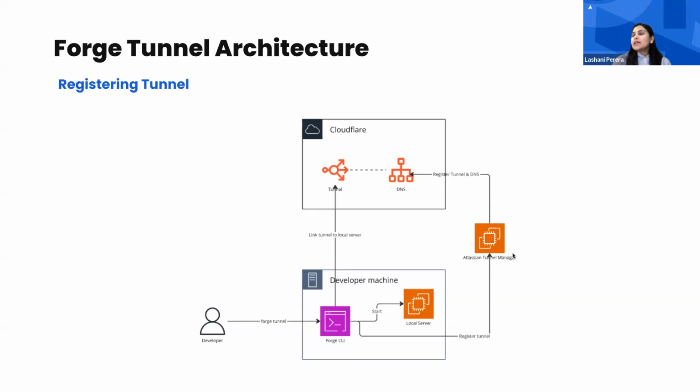The Atlassian service will create a Cloudflare tunnel and associated DNS records, cache them along with the app details, and send this data back to the CLI so that the CLI will link the Cloudflare tunnel with its local server. Also, Forge CLI will bundle its local code and start a local server, and the connection will be available.